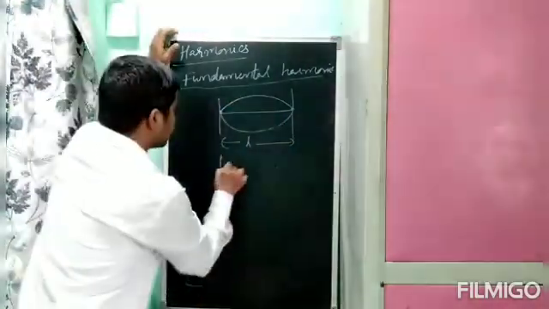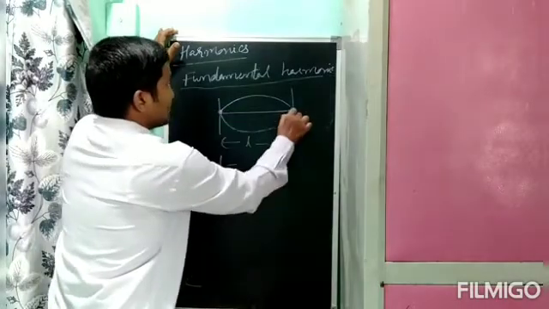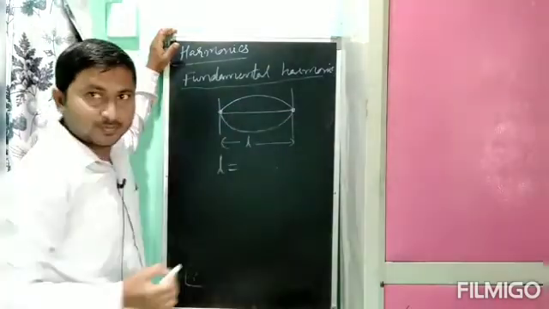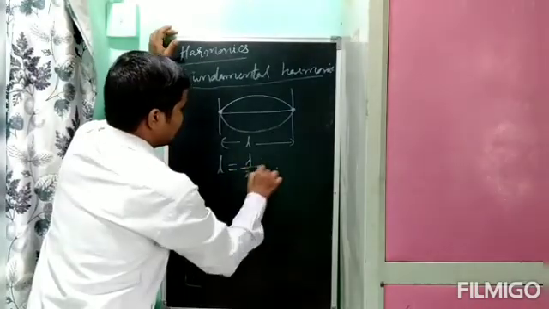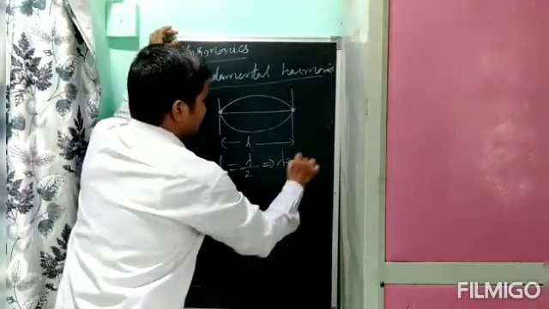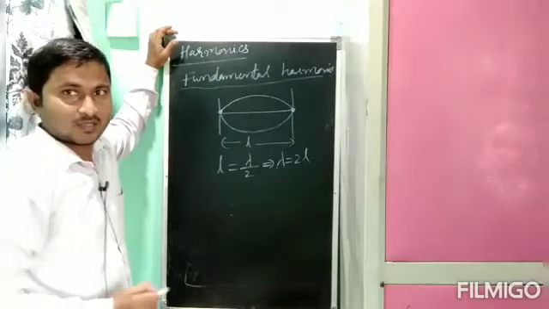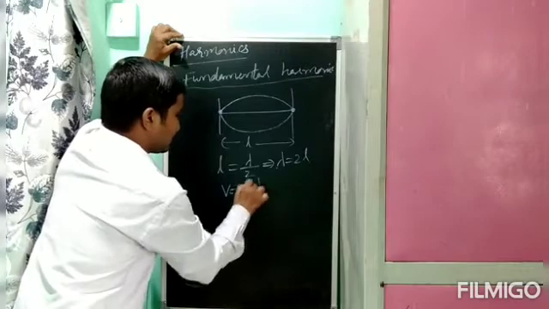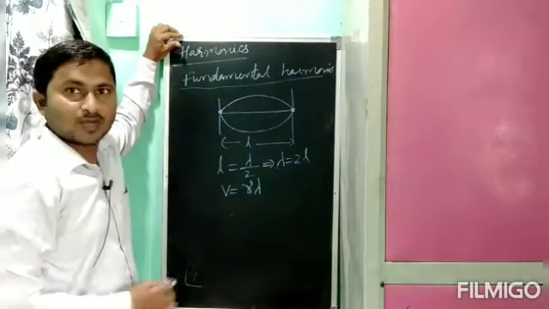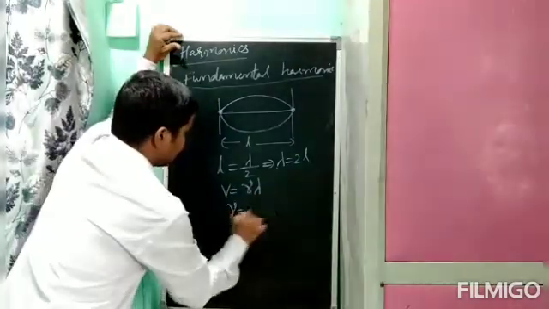This L value is equal to the distance between these two nodes. Now the distance between two nodes is lambda by 2. From this, lambda equals 2L. We have v equals nu lambda, where v is the speed of the wave, so nu equals v by lambda.